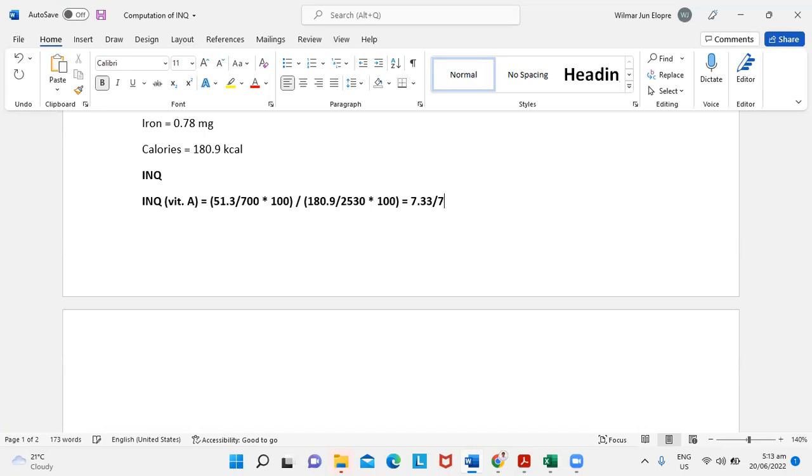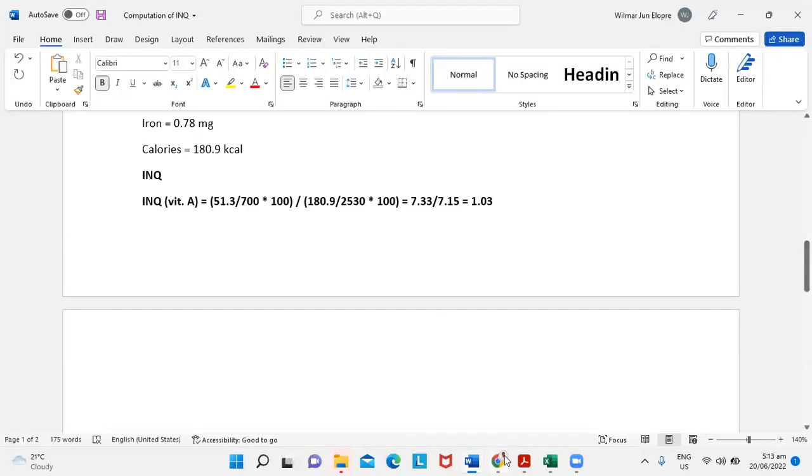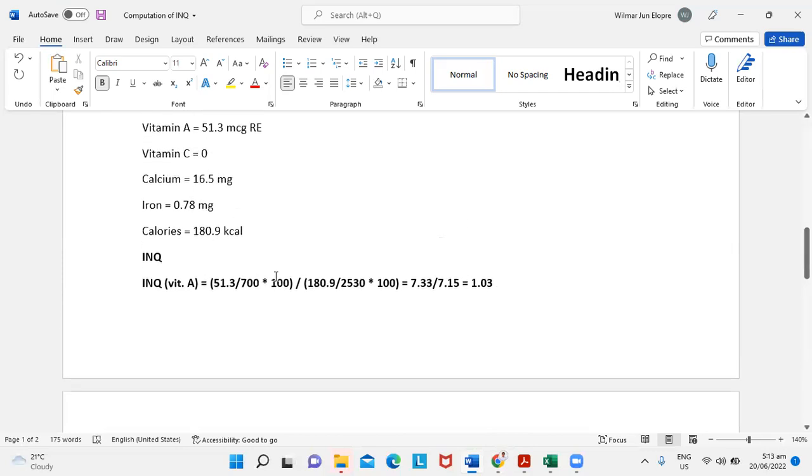That's 7.15. So, pila ni? 7.33 divided by 7.15. So that's 1.03. Okay, so ang INQ niya for vitamin A is 1.03, which is nipasok siya no sa category, okay, for 4 nutrients. But dili pa ta certain no, at this point, kinahanglan pa na to ma-compute ang other INQs.